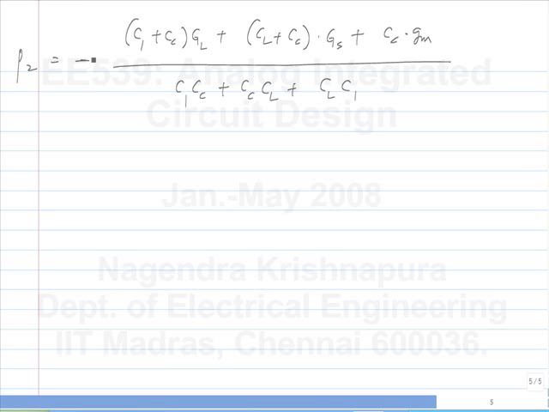This is what the second pole turns out to be. Is there some interpretation you can give to this?